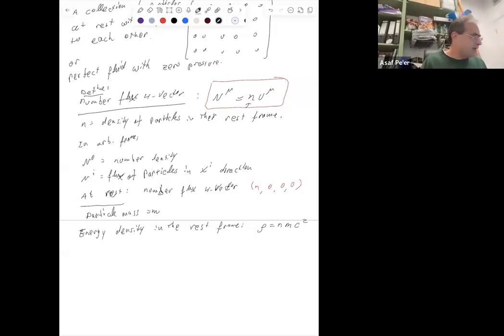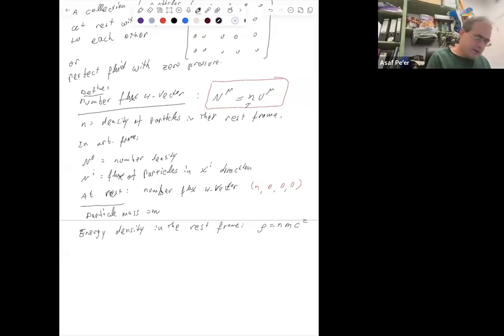So I can realize that both the density, m c squared, can be the zeroth component of four-vectors. Remember we had N mu is n, 0, 0, 0, and P mu is m c, 0, 0, 0.